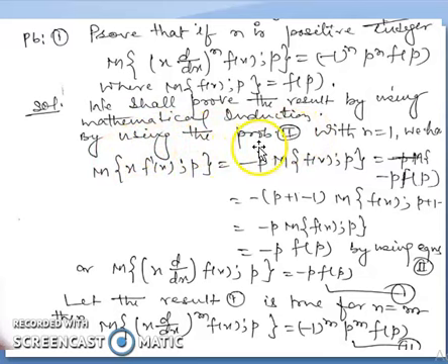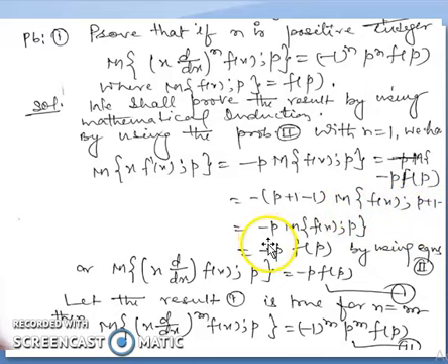By using the second property, with n equal to 1, we have M of x f dash x such that p equals minus 1 minus p, M of f(x) such that p equals minus p f of p. So minus p f p can be written as minus of p plus 1 minus 1, M of f(x) such that p plus 1.